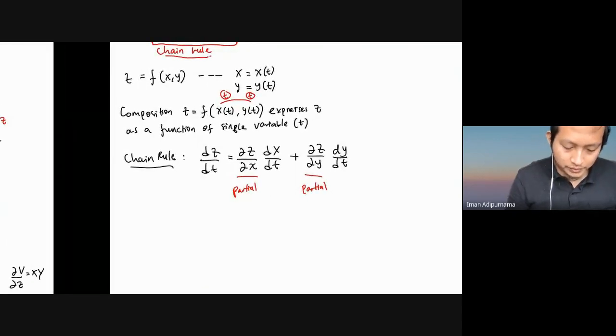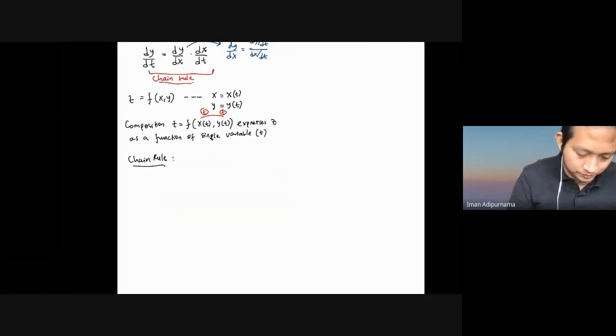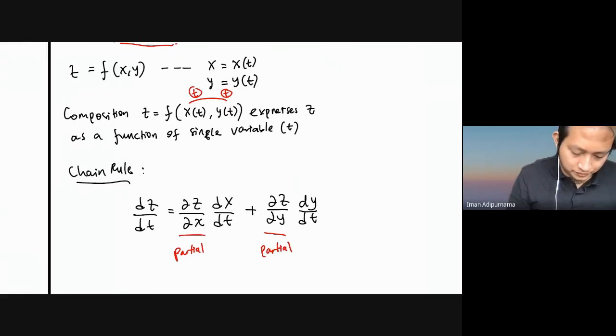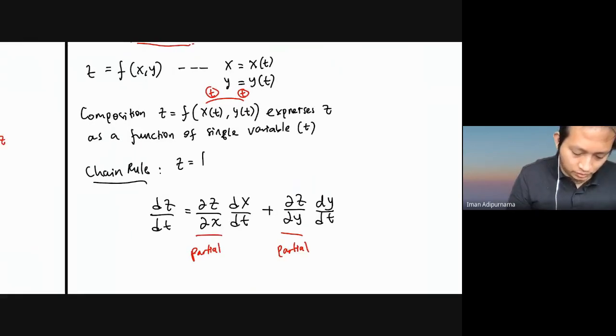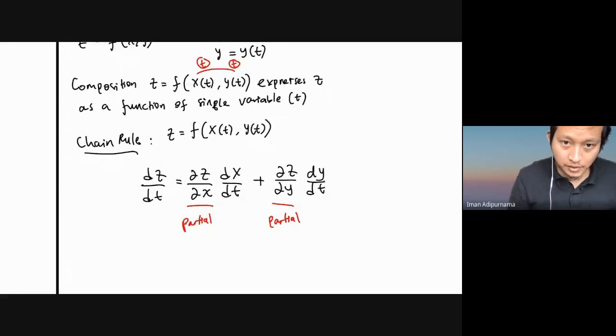So when you have, let me write, maybe move this to the bottom here. So when you have z equal to a function of x(t) and y(t), which means we treat them as usual. We find the partial x, we find the partial y, okay?